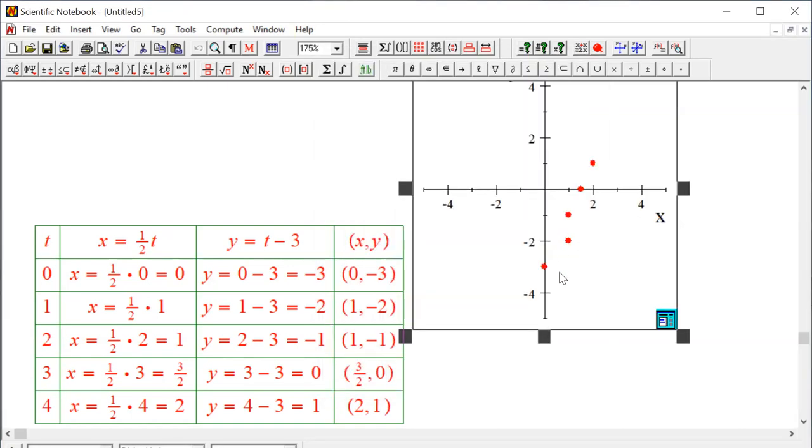You can see that the particle, imagine there's a particle going up and up and up and going that way. I'm just checking if this point is in the right place. At moment 2, half times 2 is 1, and 2 minus 3 is -1. I think we're right. So this is how to graph parametrically.